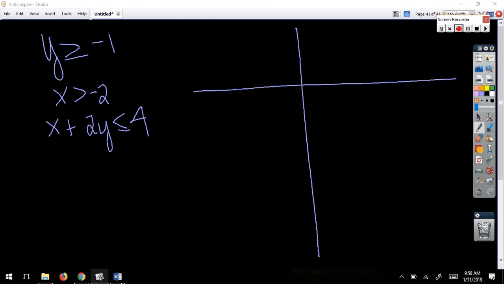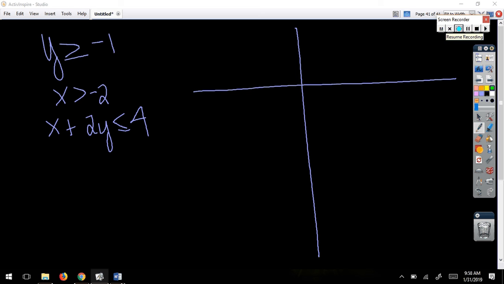Yeah. While this is 3 inequalities, 2 of them are really easy to grasp, because if you ever have y equals or x equals, those are special lines, right? What kind of a line is y equals a number? Horizontal, right?